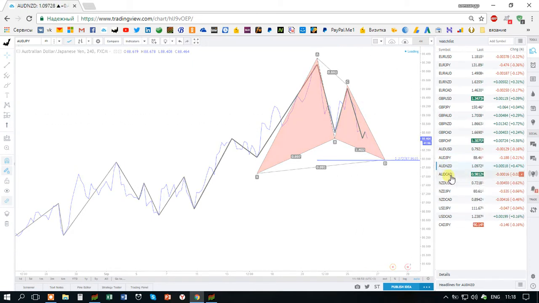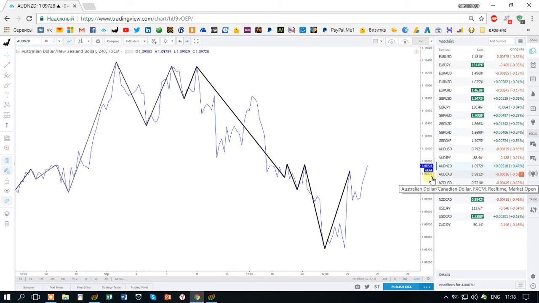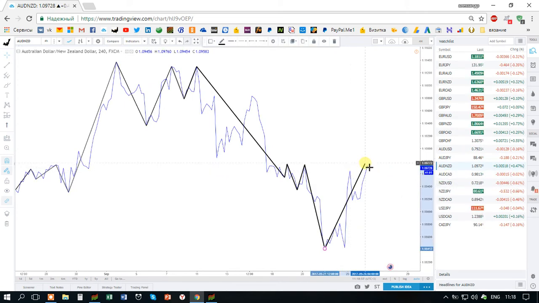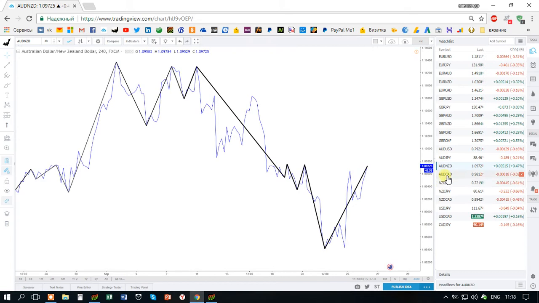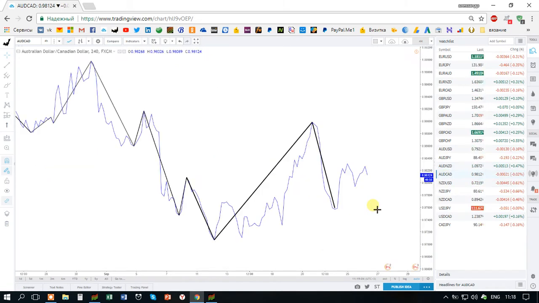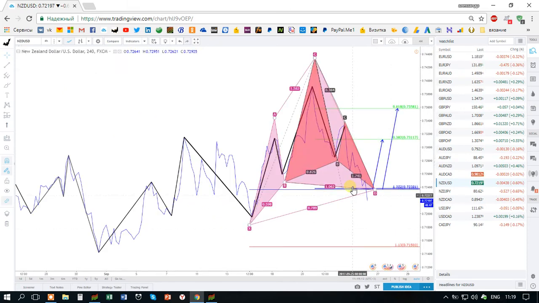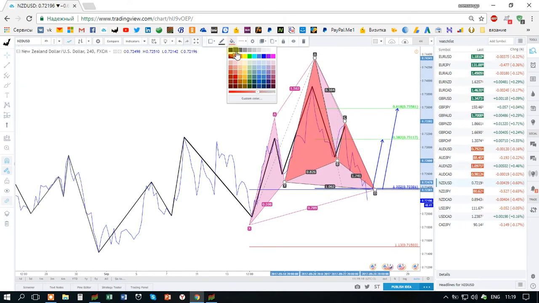Okay, nothing here. The 4-hour time frame is moving slowly, so not very many updates on that. But if we switch to 1 hour, it will be more interesting. Okay, no violation here. Dollar, New Zealand dollar. Just triggered, New Zealand dollar. It is a butterfly pattern. Here it is.